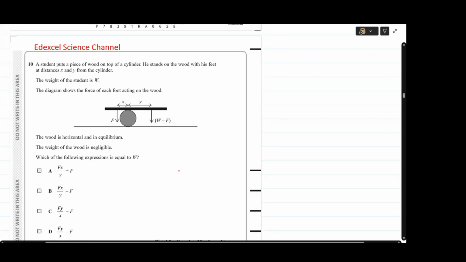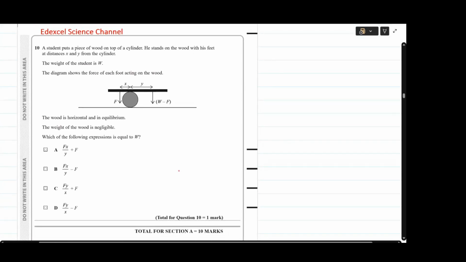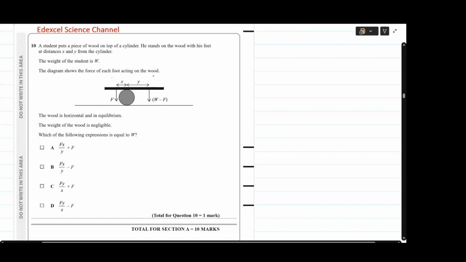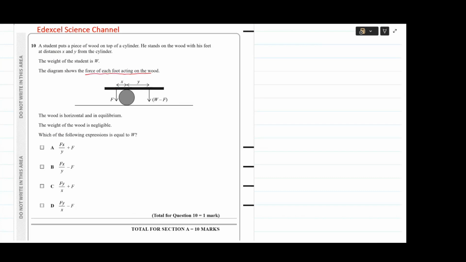Question number 10. A student uses a piece of wood on top of a cylinder. He stands on the wood with his feet at distances X and Y from the cylinder. So he is putting one foot over here and one foot over here. The weight of the student is W, and the diagram shows the force of each foot acting on the wood.